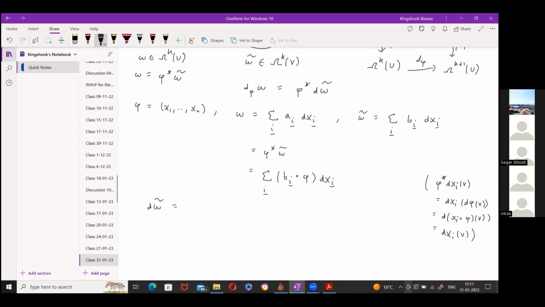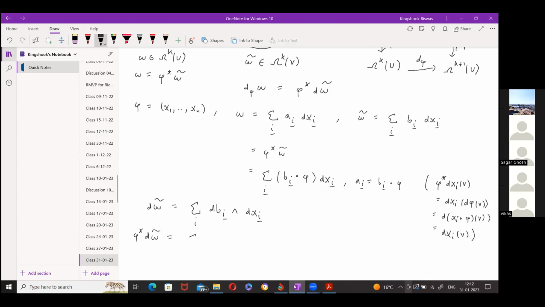This is the sum over I bar of db I bar wedge dx I bar. So from this we get that ai bar is equal to bi bar composed with phi.